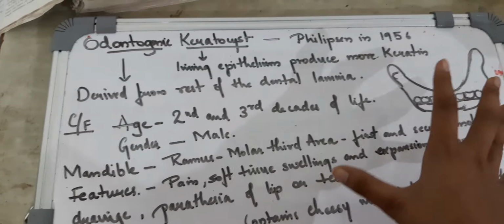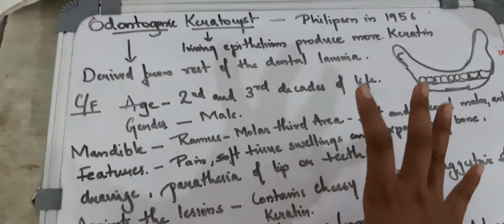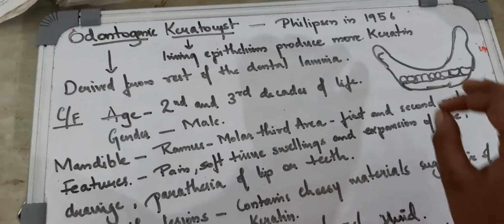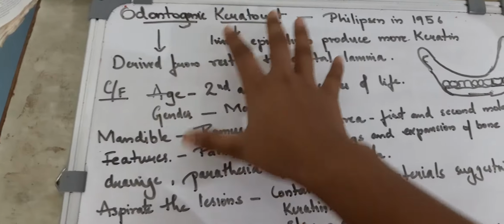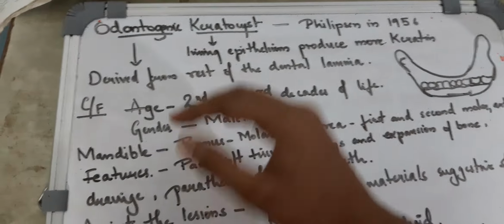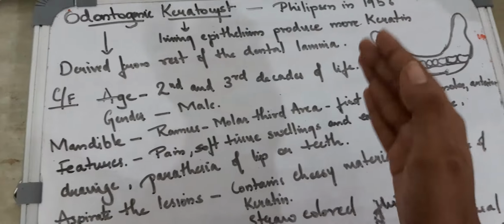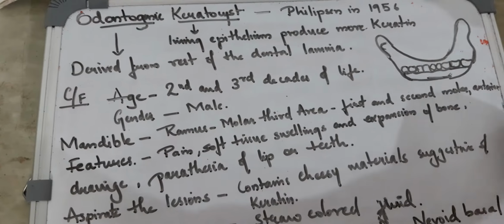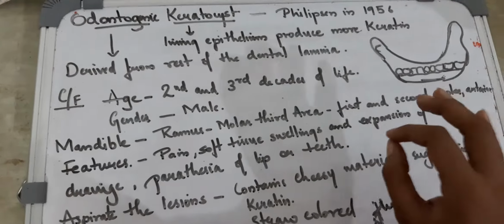Today in this video we are discussing only the introduction part and the clinical features. Always remember the best way to present our answer is to include all the headings. Write an introduction, write about clinical features, radiographic features, and always remember that in oral pathology the most important part is the histological part.